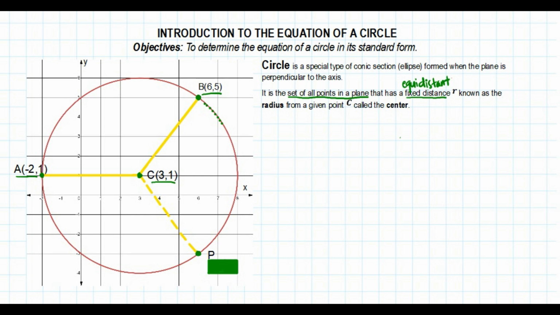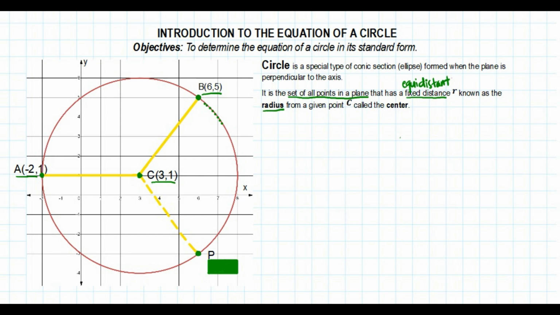Known as the radius from the given point C. So, ito daw ay all points on a circle. Mula sa C to all points on the circle ay pare-pareho daw ang distance. Kaya tinawag itong radius.